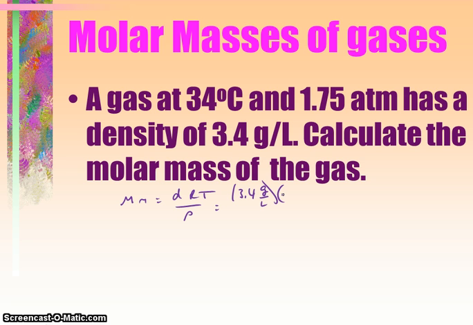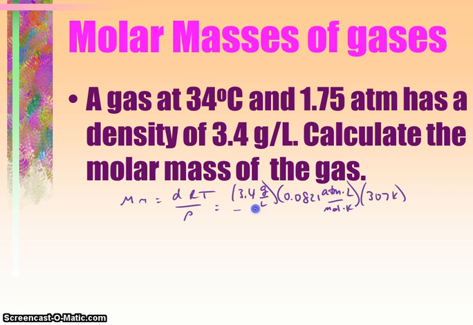For R, since our pressure is in atm, 0.0821 atm liter per mole Kelvin. And we'll change our temperature from Celsius to Kelvin by adding 273, and that'll give us 307.